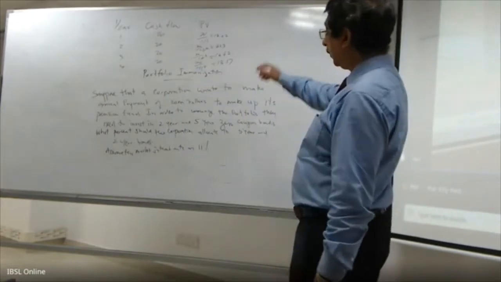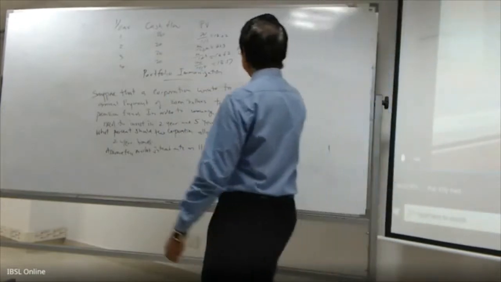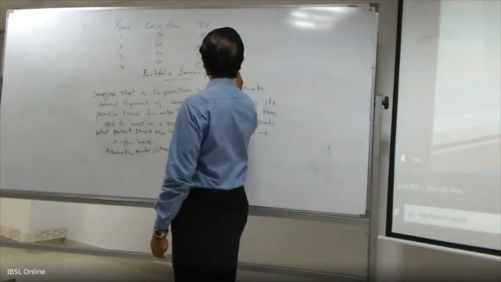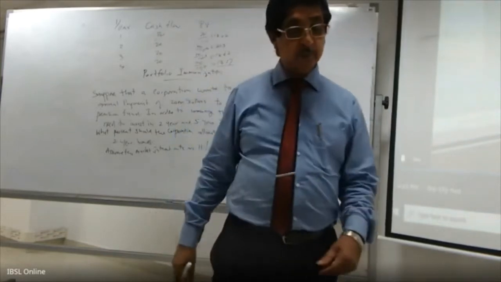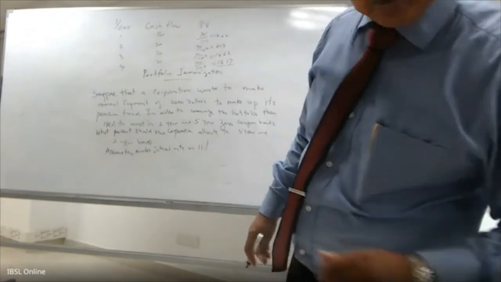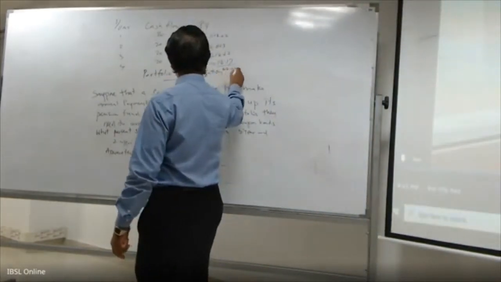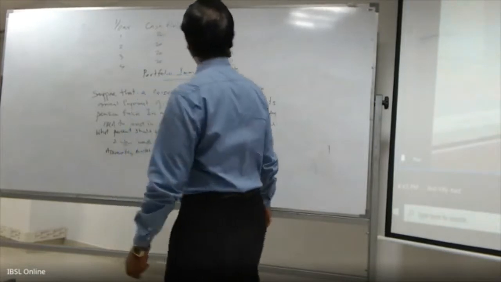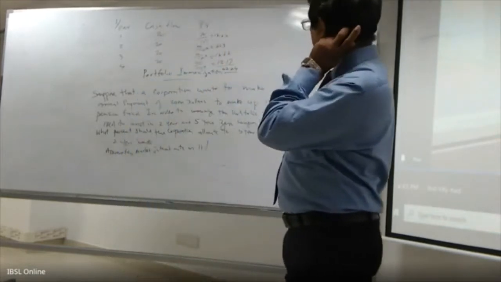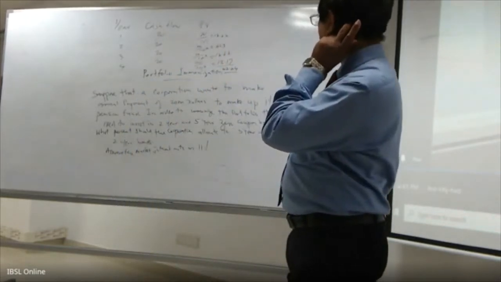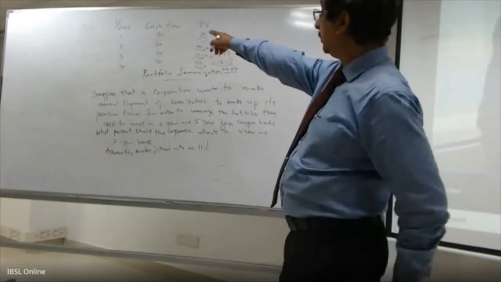And if you get a total of it, that gives the percent value of total cash flows. That is 62.04. Now, in order to get the duration calculated, what should you do? You should multiply.